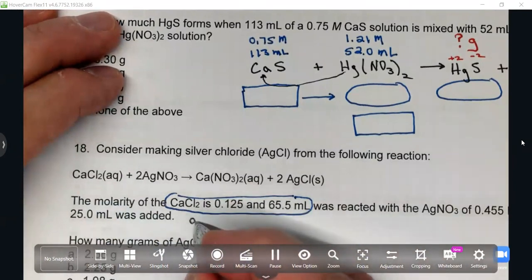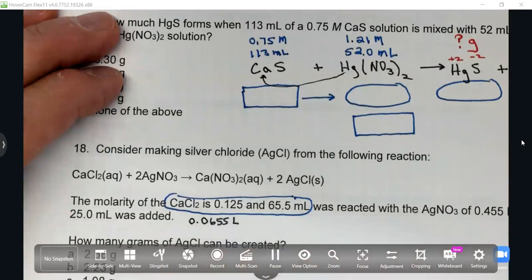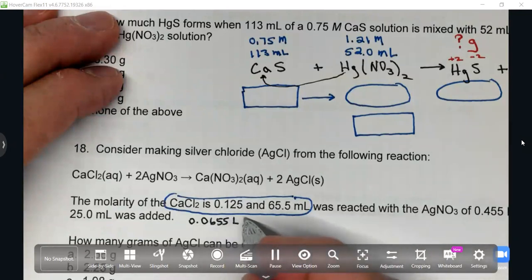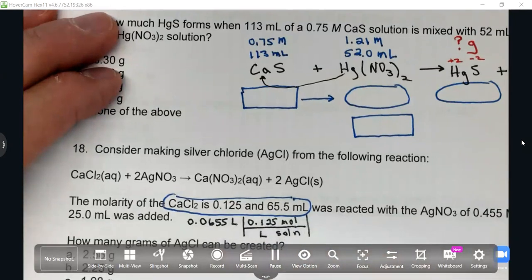This is going to be 0.0655 liters, right? And the molarity is 0.125 moles per liter of solution.